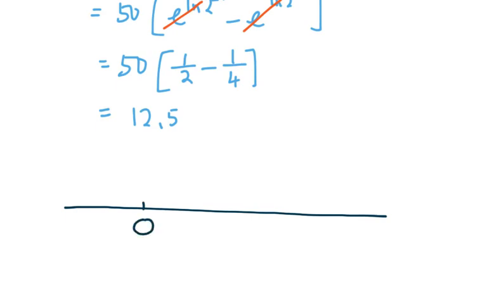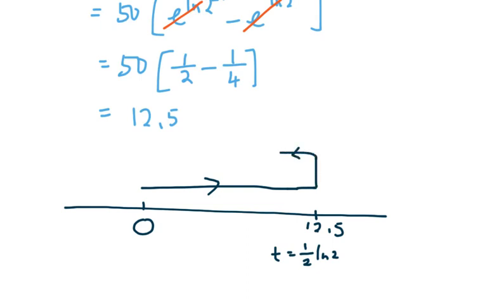This actually tells us that this particular object is moving from O towards the right hand side, and when t is equivalent to 1 over 2 ln 2, it reaches 12.5. And then here it makes a U-turn, because this is when v is equivalent to 0.